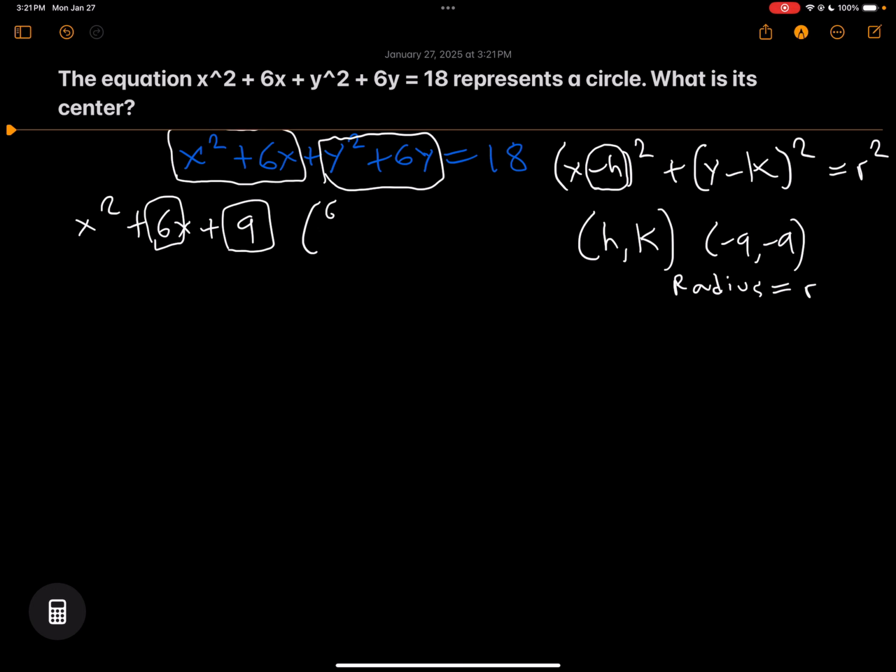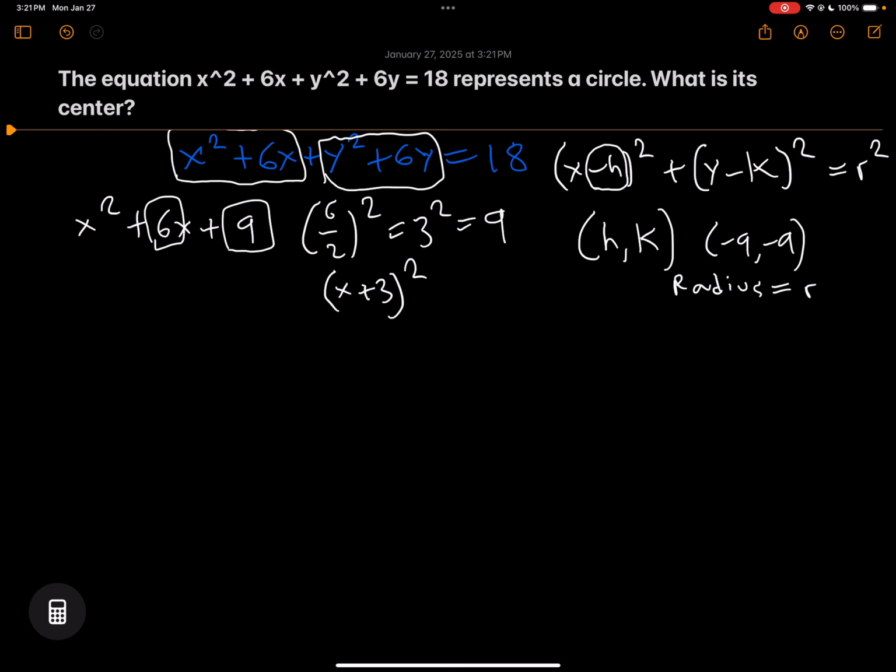So it would be (6 over 2) squared, which is 3 squared, also 9. That's another way to think about it. So our completed square for this first part is x squared plus 6x plus 9. Then in factored, binomial form, that is (x plus 3) squared. You can expand that, and you'll get x squared plus 6x plus 9.